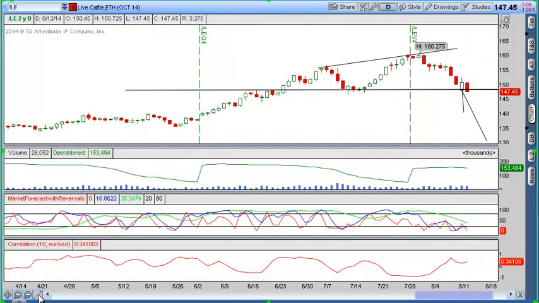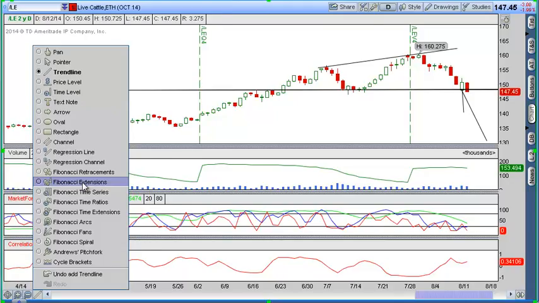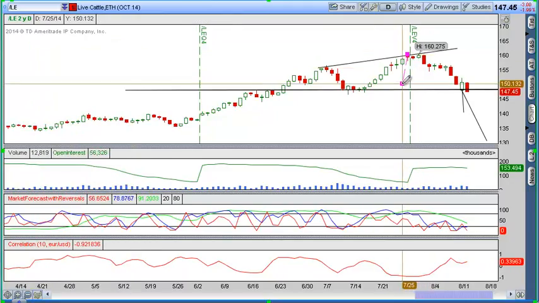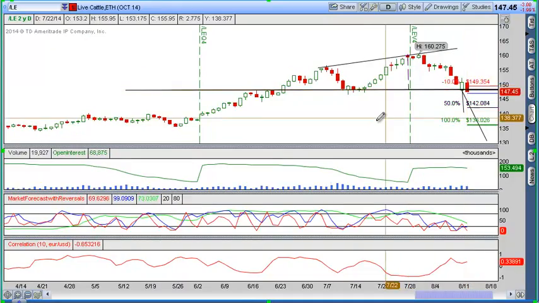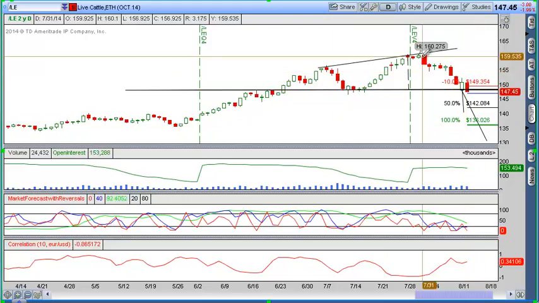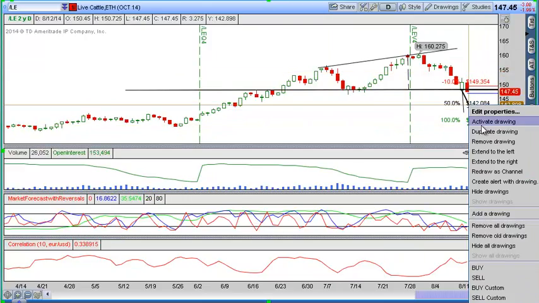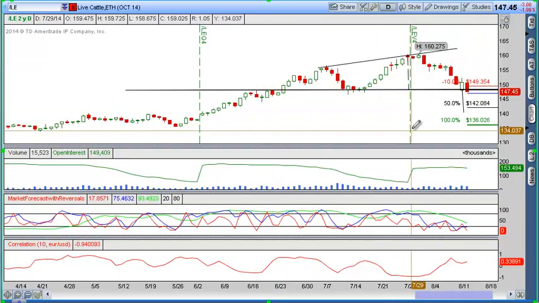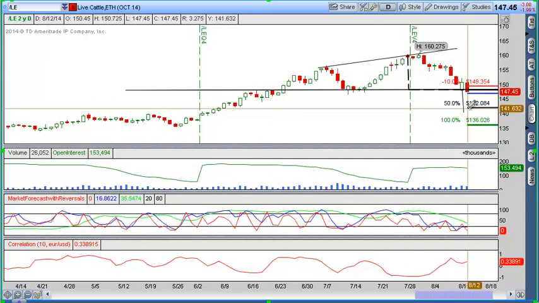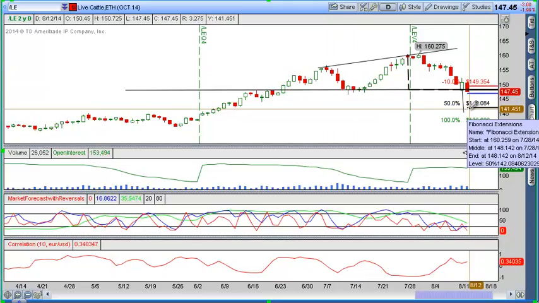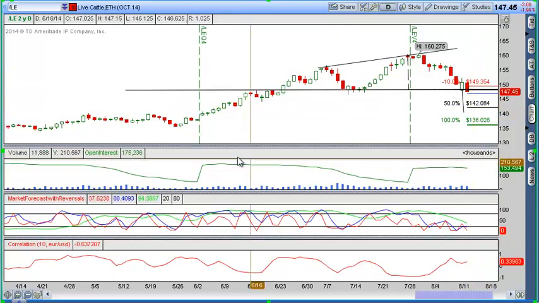Let's use our fib extension to measure that second one out. There's a breakout. Oh, so I measured that wrong. So there's the target, about 136 on the downside. And I'd look for that 50% mark on the first one to not only give me an area that I might take profits at, but also to see if it can break through and tighten stops.